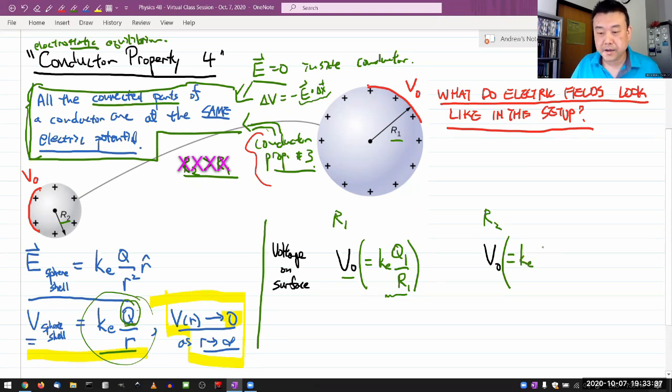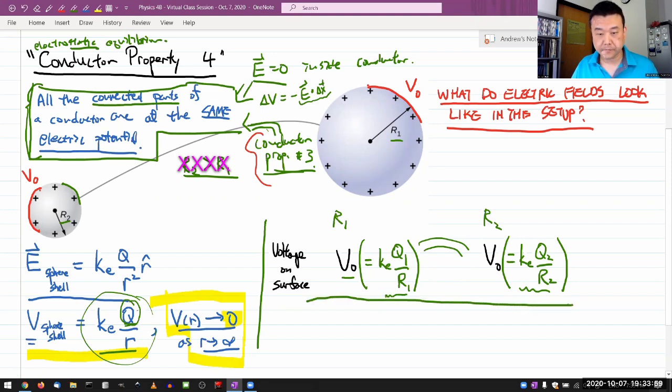Coulomb constant times Q2 over R2. So this is the expression for voltage at the surface of this conducting sphere. And because of the conductor property number 3, these two things happen to be equal to each other. Okay, let me just close that off there.